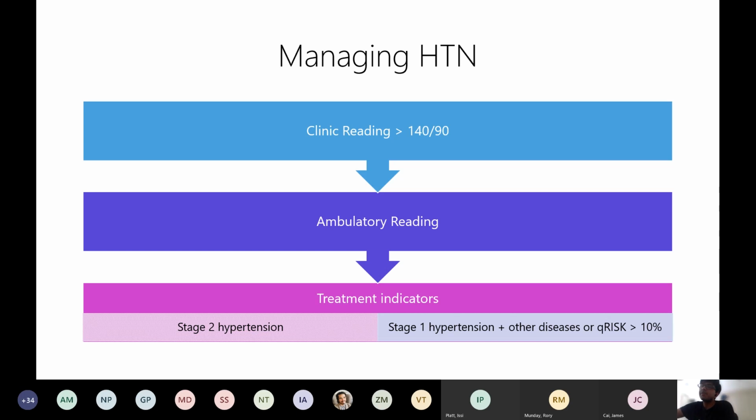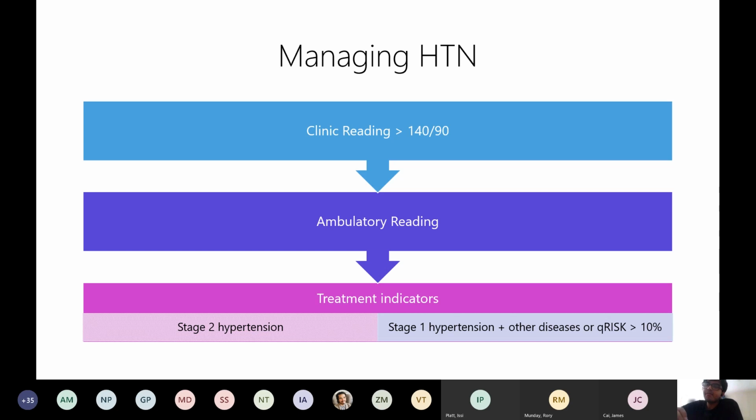Then what would you do? Then you would treat it immediately. You treat them and refer to cardiology, definitely. If you've got stage 3 hypertension, you should treat immediately. But if you've got this clinic reading, you're going to do an ambulatory reading. So you're going to see what the blood pressure is like over the course of a day.